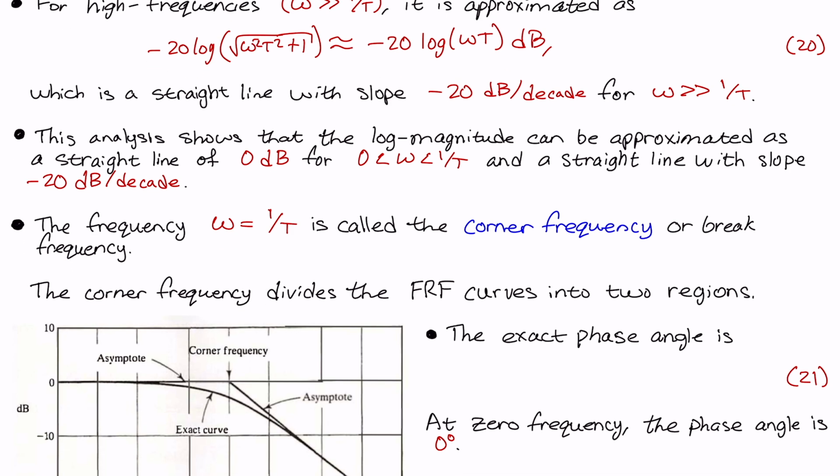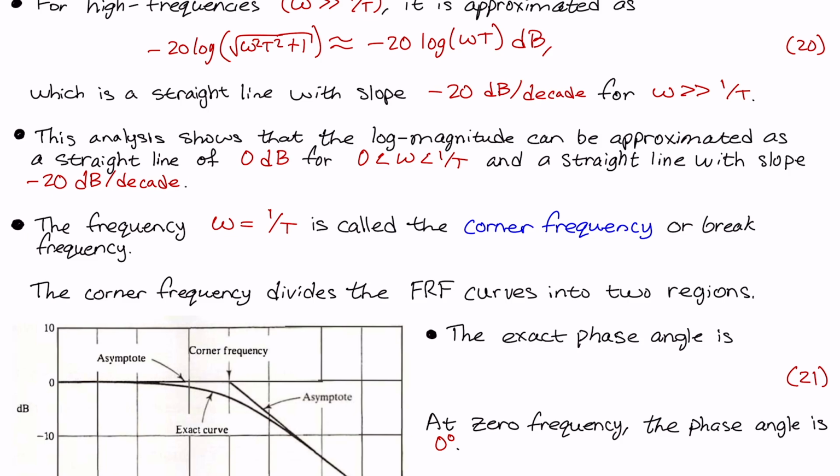All right, so the point of this analysis is it shows us that we can approximate the log magnitude of our FRF as a straight line at 0 dB for omega greater than 0 but less than 1 over T, and then we can use a straight line with a slope of minus 20 dB per decade for omega greater than 1 over T. Okay, so the frequency 1 over T is what we call the corner frequency.